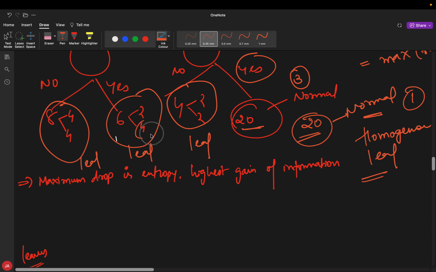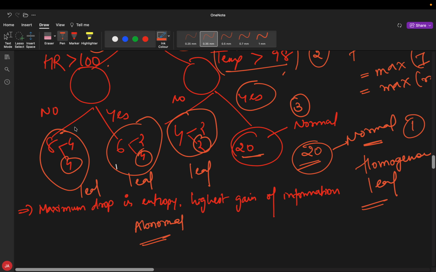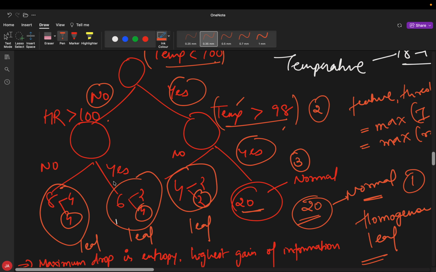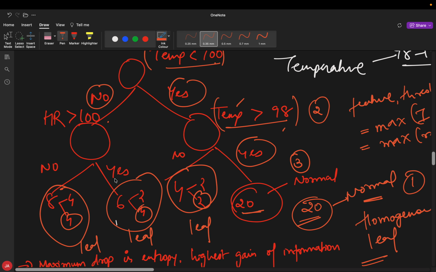It is 2 and 4, where 4 belongs to the abnormal class, so the majority vote will be abnormal. Here it is balanced, and here it is also balanced. Generally this balanced case doesn't happen in a decision tree, because the decision tree looks for the maximum reduction in variance, the reduction in the uncertainty.